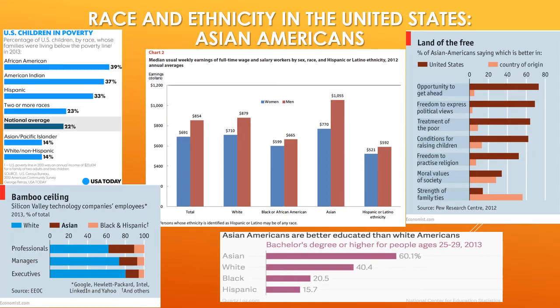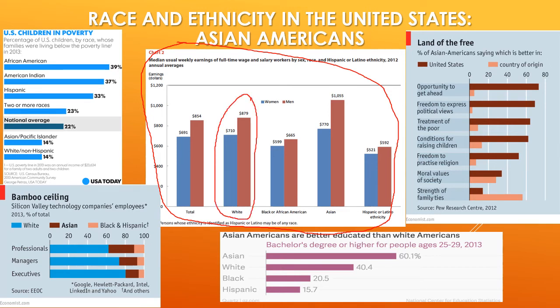So today, Asian Americans earn the highest wages and salaries among all racial and ethnic groups in the United States. We can see that on this center graph, which shows earnings of women and men. Here is the white category and the Asian category.